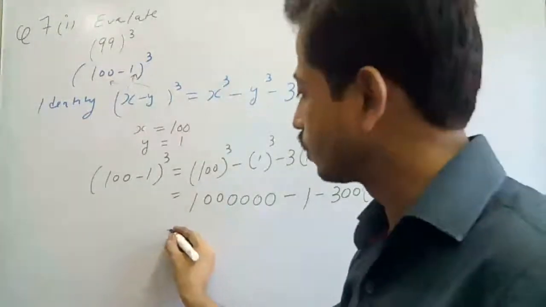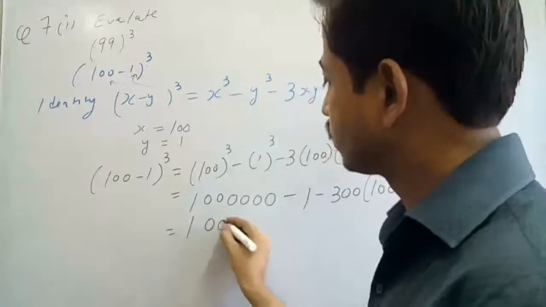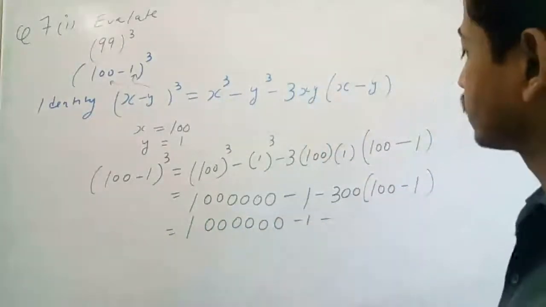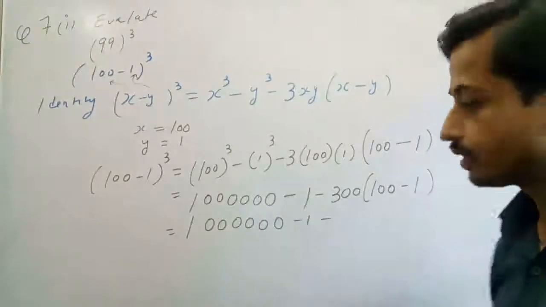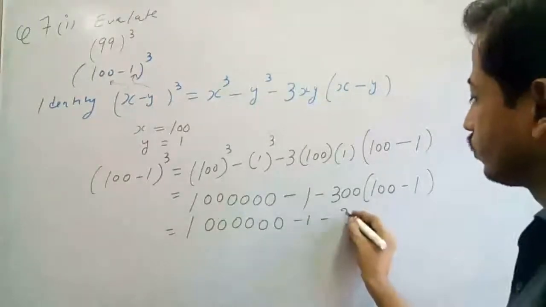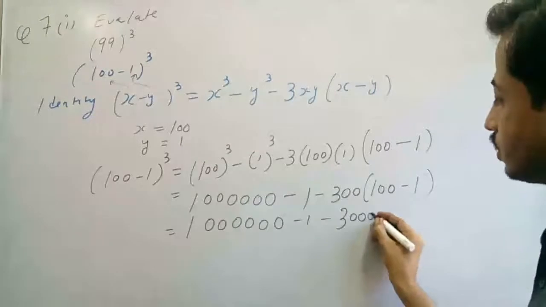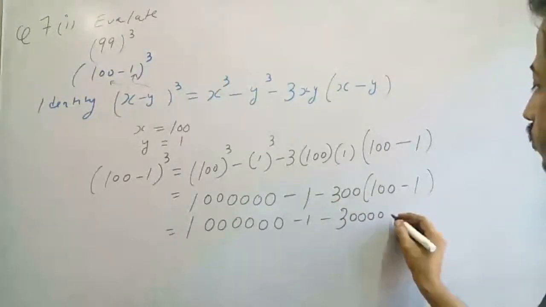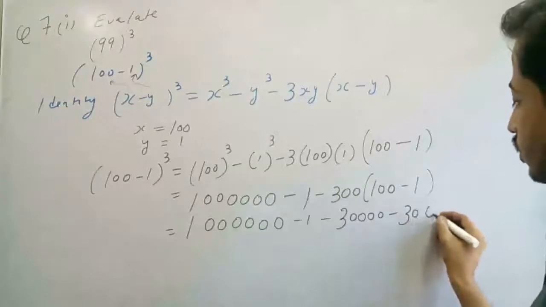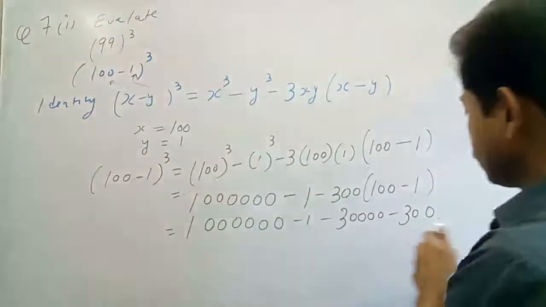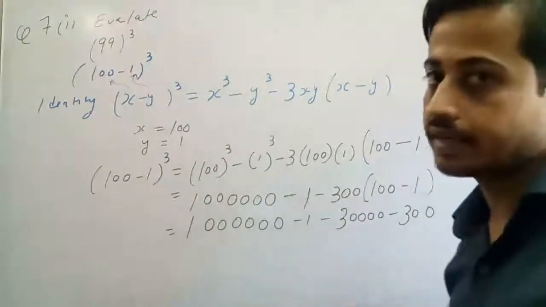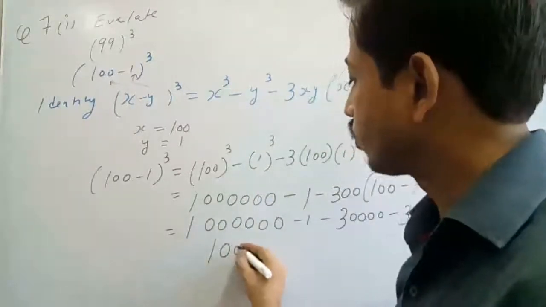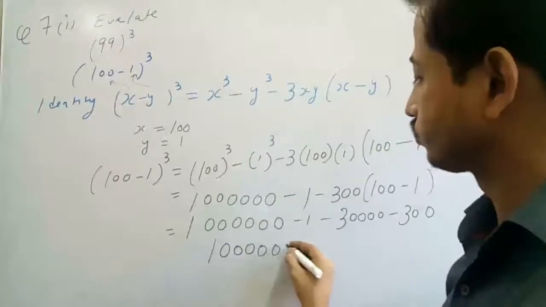Now do further solve. 1,000,000 minus 1 minus. Now open the bracket. 300 into 100, we get 30,000. Now 300 into 1, we get 300. Now this is positive and all the other terms are negative, so we have to add the negative terms.